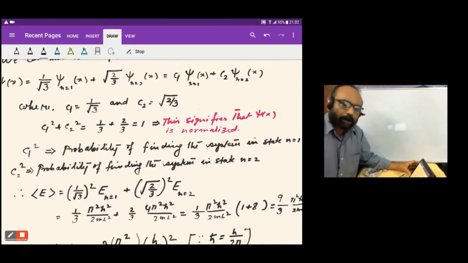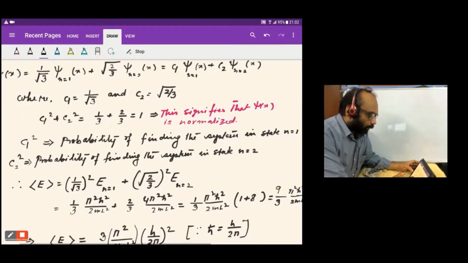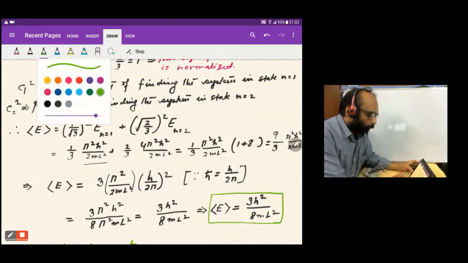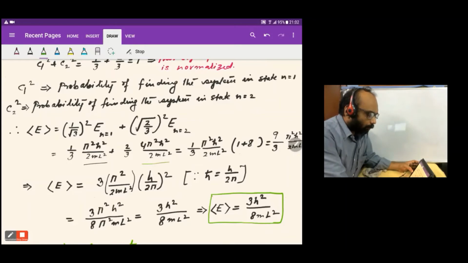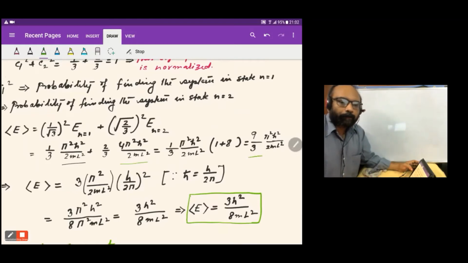Therefore, the expectation value or average value of E can be written as (1 by root 3) whole square times E for n equal to 1, plus (square root of 2 by 3) whole square times E for n equal to 2. So if I use the values of E for n equal to 1 and n equal to 2 and do the simple calculation, I finally get 9 by 3 pi square h cross square by twice m L square.